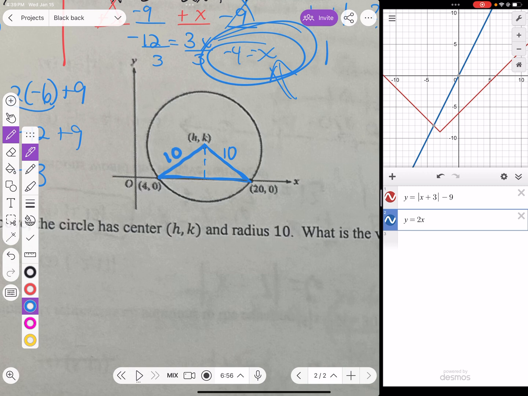And so, does that tell me anything? I'm not sure. I'm trying to find a quick way to solve this thing without doing the brute force method. I'll show you the brute force method.